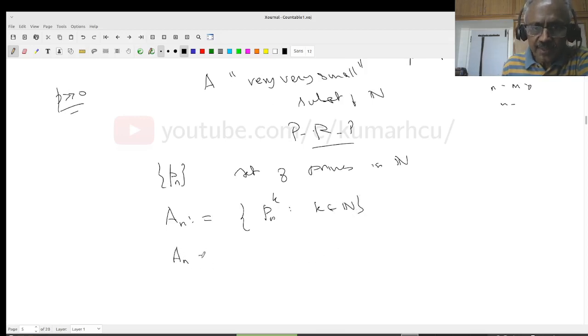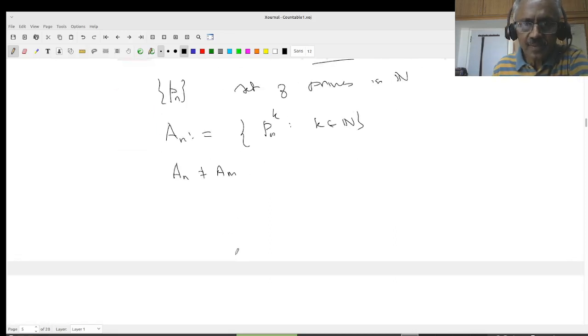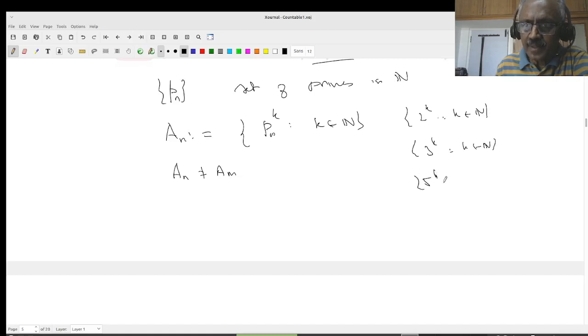Now notice that A_n is not equal to A_m, because this is a different prime. For example, when p equals 2, this will be 2 power k. When p equals 3, it will be 3 power k, right? So this may be 2 power k running over N, and this will be 3 power k running over N, and 5 power k running over N, etc.